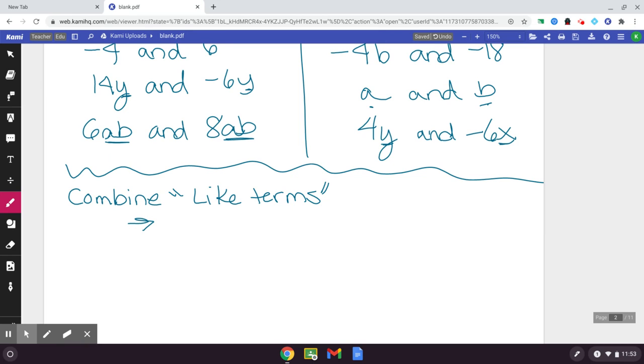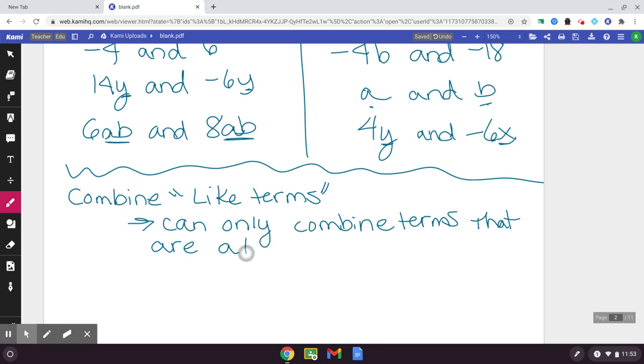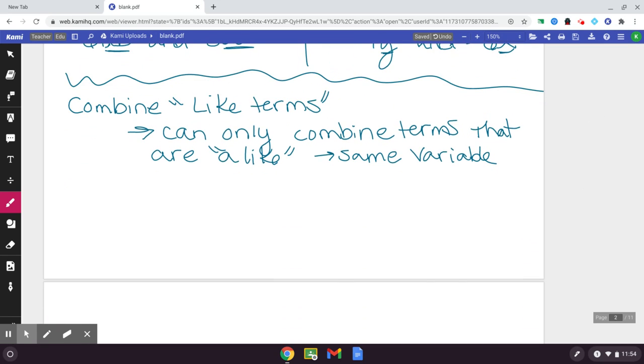You can only combine terms that are alike or have the same variable. Okay. All right, so let's look at a couple of examples.